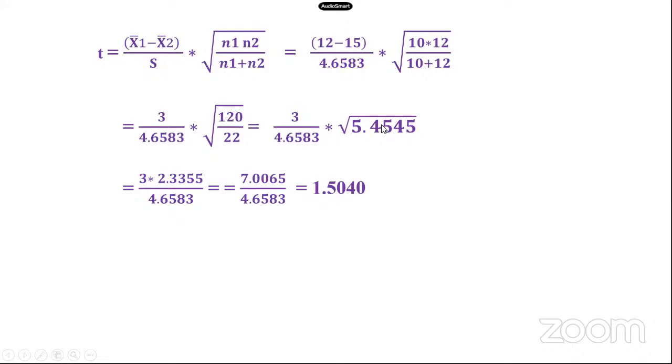Then take the square root, which is 2.3355, into 3. The multiplication of these two is 7.0065, divided by 4.6583, is equal to 1.5040. This is the t value.